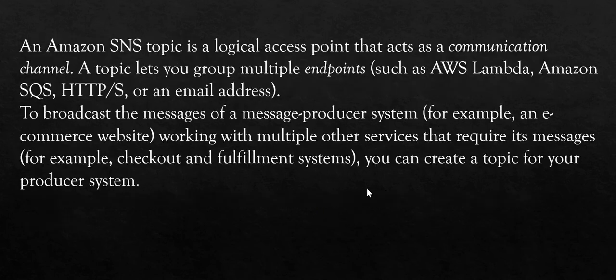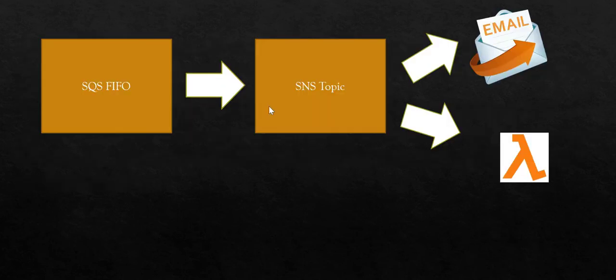And let's understand what an SNS topic is. It's a logical access point that lets you group multiple endpoints, such as Lambda and others. The SNS topic can subscribe to FIFO, and then it can either send emails or invoke a Lambda function.